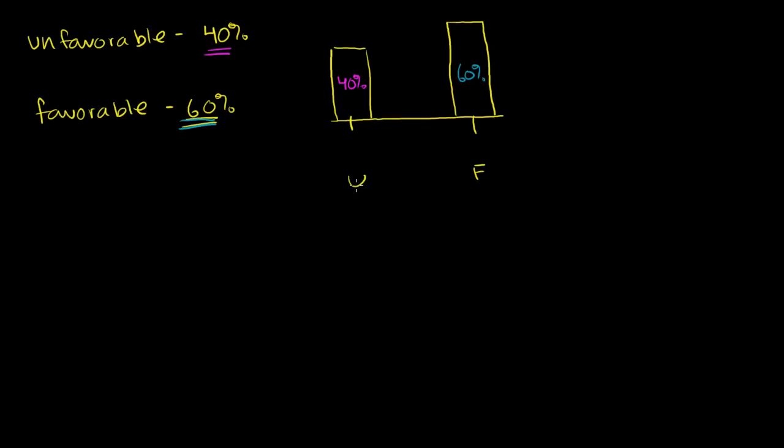So what we're going to do is define u and f to be some type of value. So let's say that u is 0, and f is 1. And now the notion of taking a probability weighted sum makes some sense.